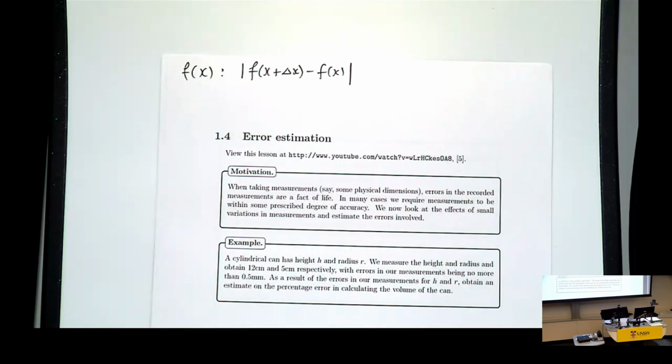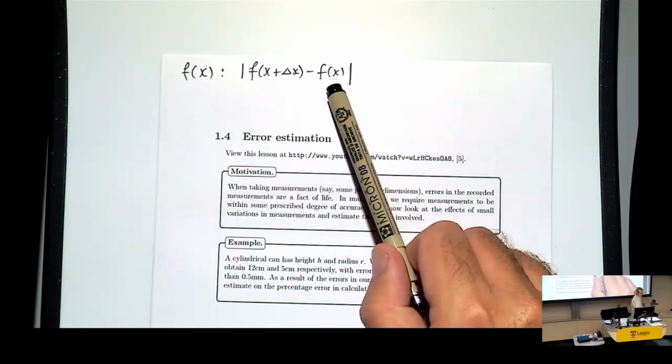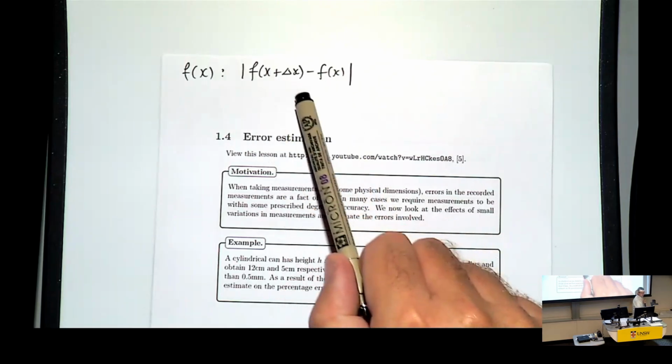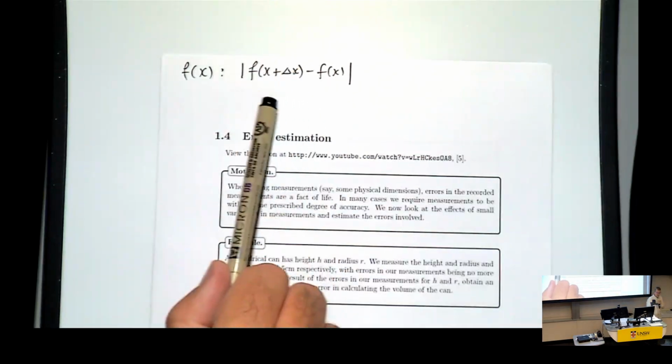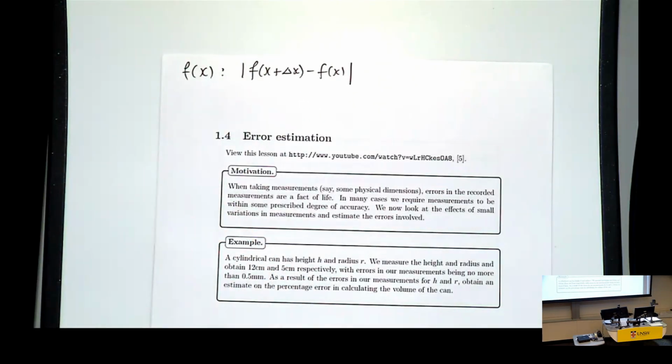The delta x there is like the error in your measurement. So you can think of that expression up the top as being the difference between what you compute here and what the actual true value is here.